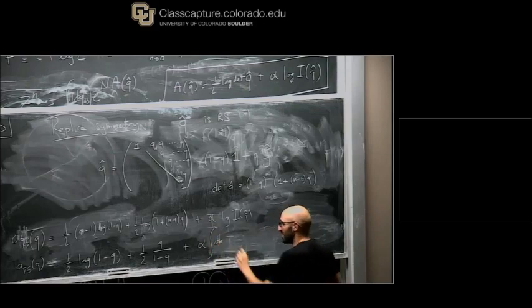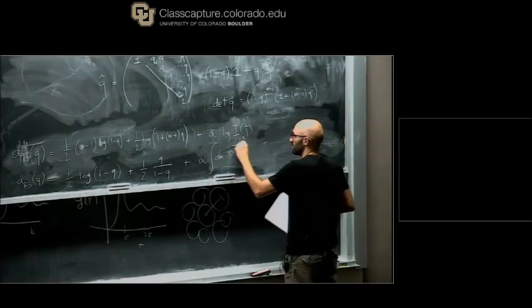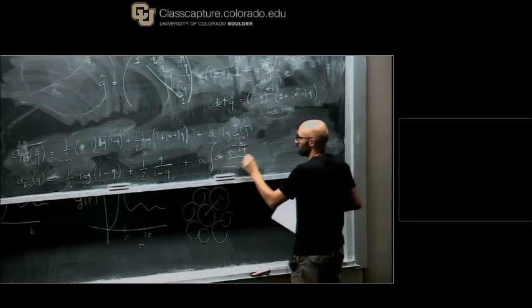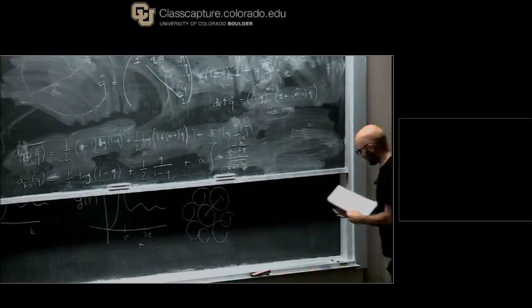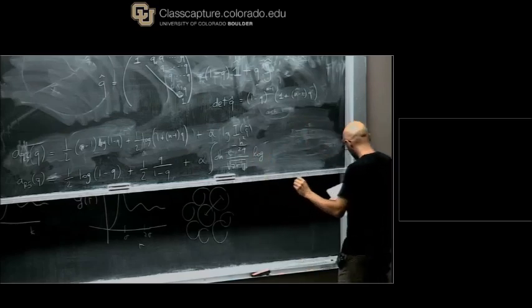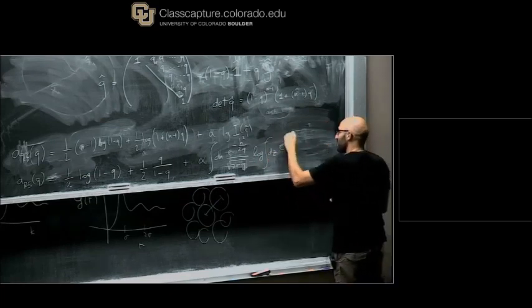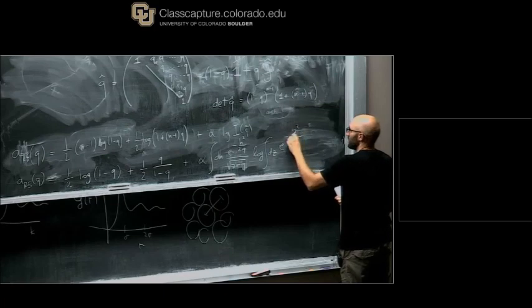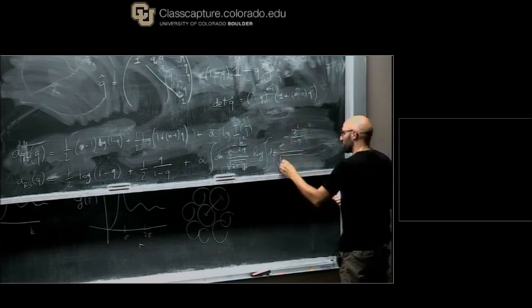You have an integral over h of e to the minus h squared over 2q divided by square root of 2 pi q, so this is the Gaussian integral, times the log of the integral over z of e to the minus z squared over 1 minus q divided by square root of 2 pi, so another Gaussian integration.